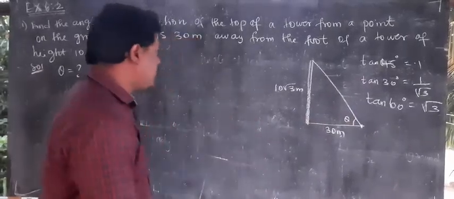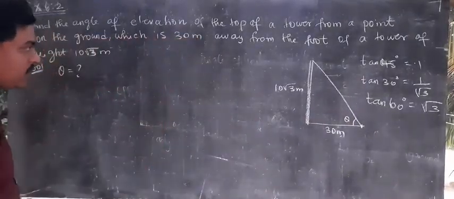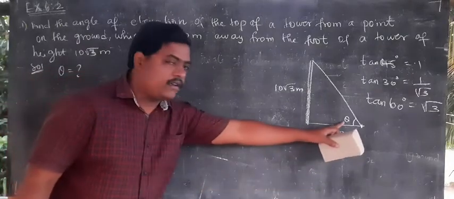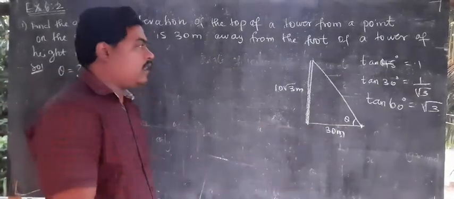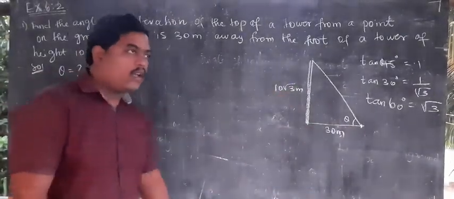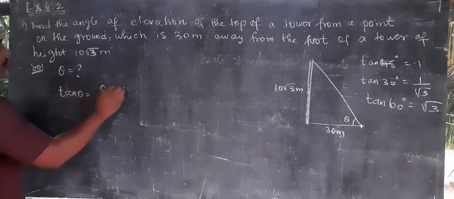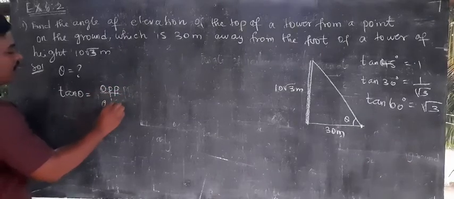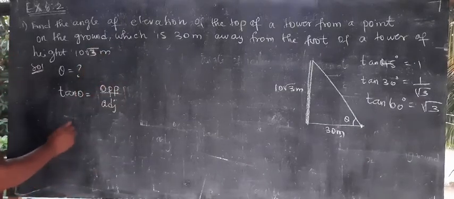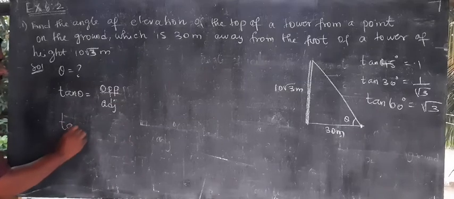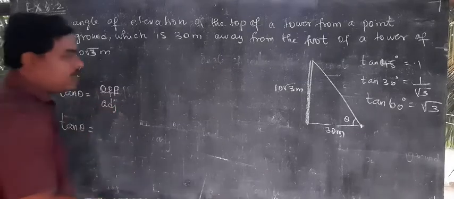Clear? So listen, come to the point. We need to find the angle, what angle you are seeing the top of the tower. Clear? So formula is what? Tan theta equal to opposite by adjacent. Tan theta equal to opposite means what?